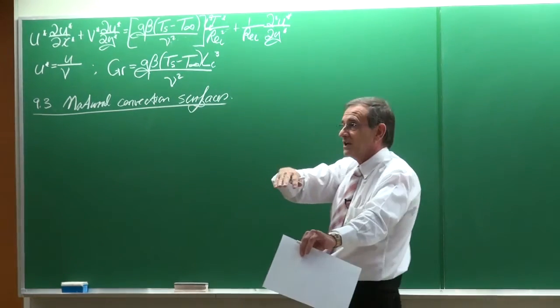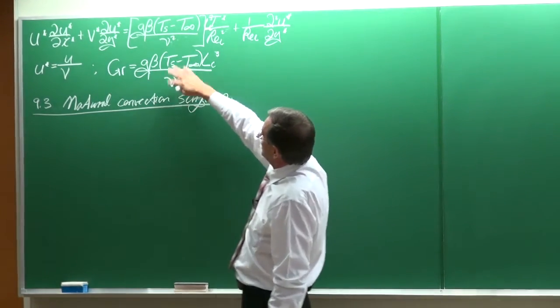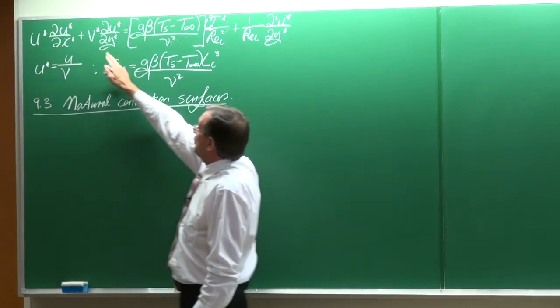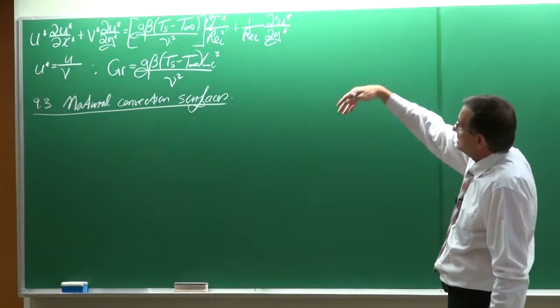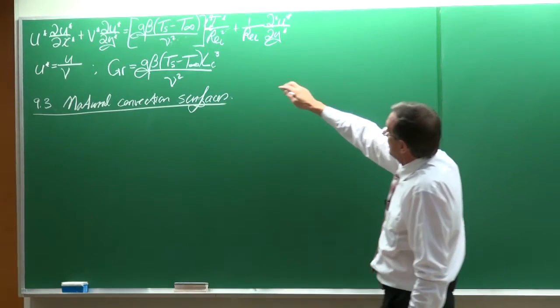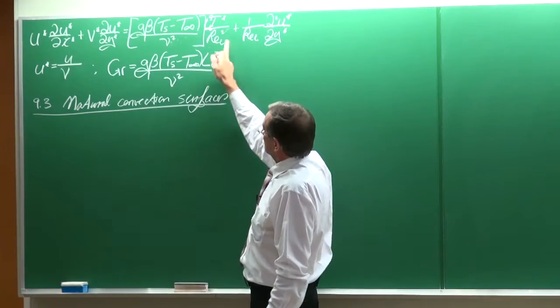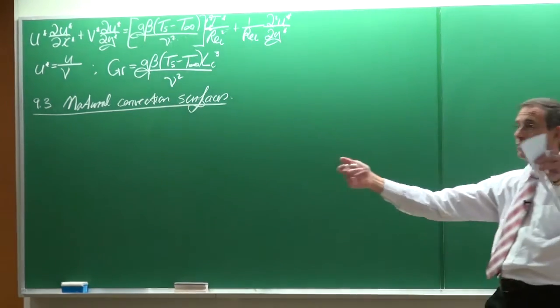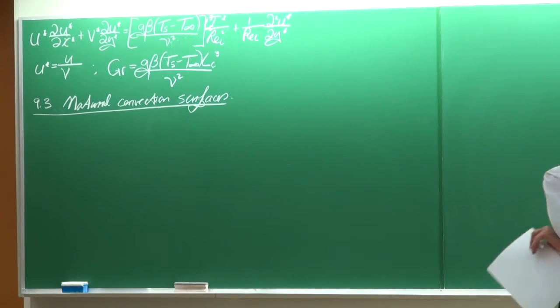So if you go and look in your textbook, you will see that before that you're going to get to an equation like this, where these are all the non-dimensionalized velocities in the different directions. But this is the term that appears there, and this is the Grashof number. So that is where it comes from, and that is how it fits into the momentum equation.